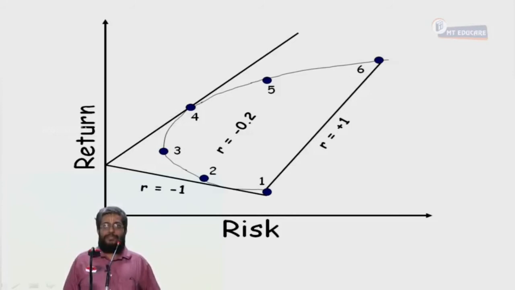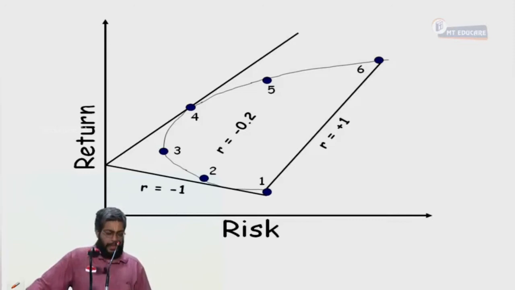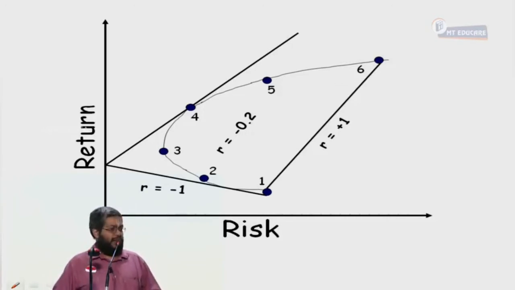Point number 2. Out of the 6, we can straight away reject portfolio 1 and 2 because they are inferior to... fill in the blank, inferior to what?